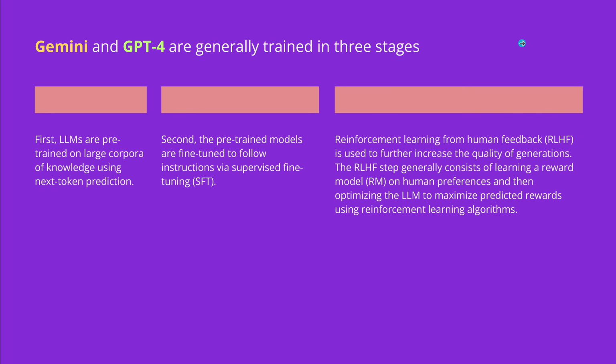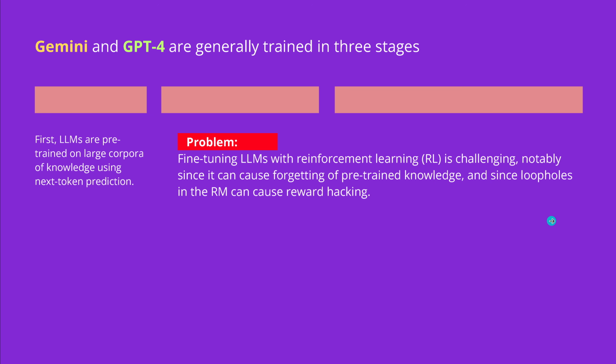And then you have the reinforcement learning from human feedback, where you further increase the quality of the AI system answers. And you know how it is done? Learning a reward model on the human preferences and then optimizing the LLM to maximize the predicted reward using a lot of different reinforcement learning algorithms. This is it.